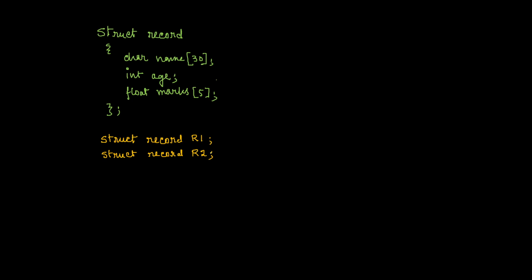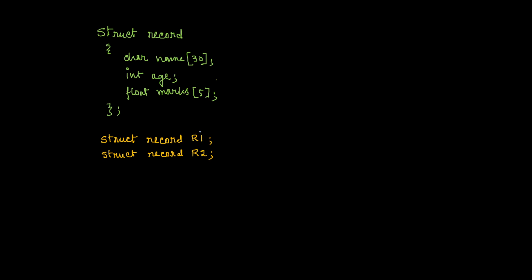Now what will happen from a memory point of view? If you say that the whole thing is a memory space, this is what your plan is. It doesn't really exist in your memory. What exists? This instance exists.